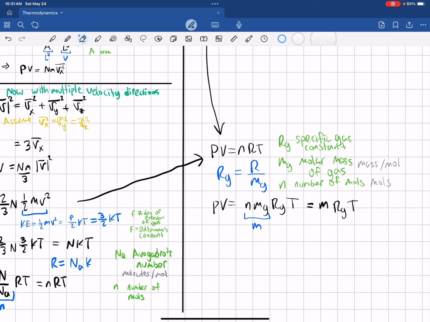So we have our mass, which is number of moles times the molar mass of the gas, which is how much mass per mole.